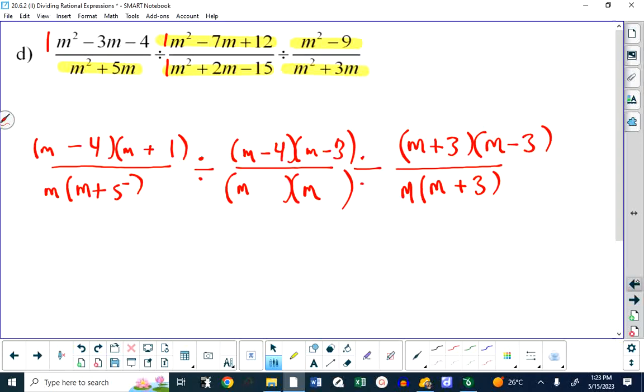And the 15, one is going to be positive and one will be negative. Two numbers that multiply to give 15, well, 3 and 5. And if one of those is negative and one's positive, they have a difference of 2. That'll do the trick.